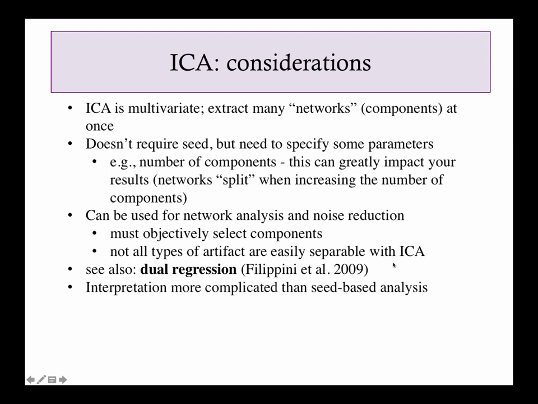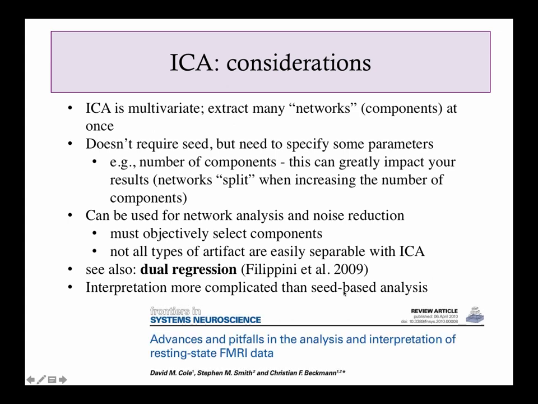And just because what we're doing to the data is a little more tricky than seed-based analysis, the interpretation is going to be a little bit more complicated as well. And this is a review article that you can look into if you're interested in reading more about the kinds of issues with both of these approaches, seed-based correlation and ICA.